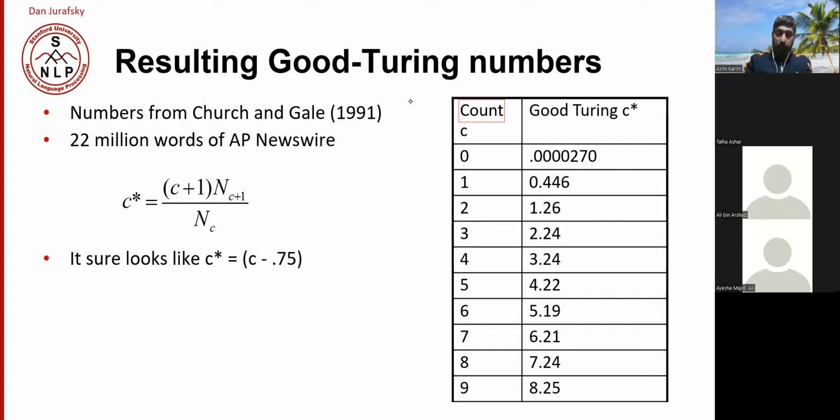The other idea is that the Kneser-Ney approach is an interpolation-based approach. So remember what interpolation was? Let's say if you have a bigram, you estimate the bigram plus some parameter lambda multiplied by the unigram estimate, right?